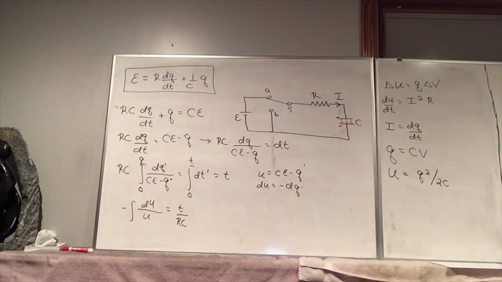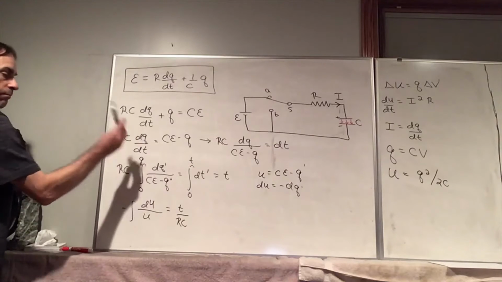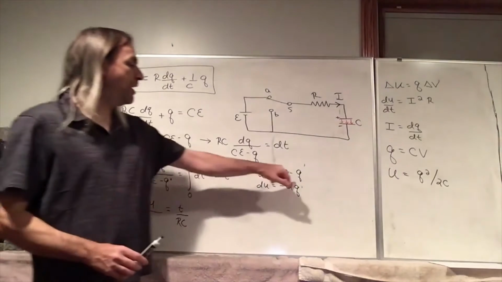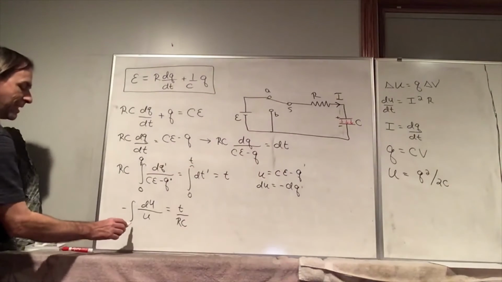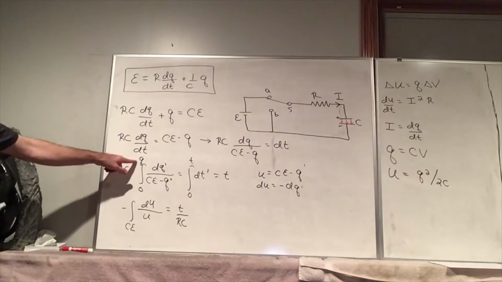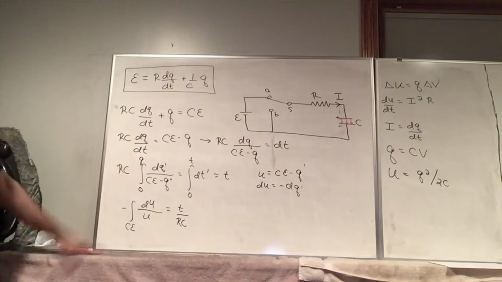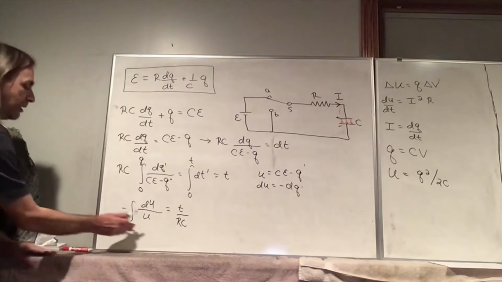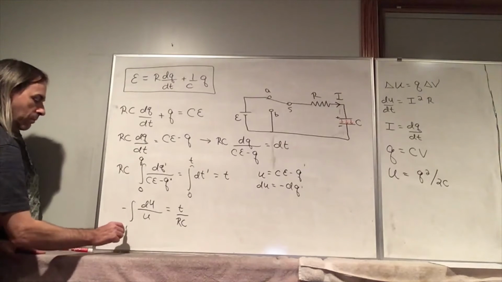Now, for the limits of integration, here we had q equals 0. So if q equals 0, u is going to be C epsilon. And then we just had q as some arbitrary value q. So here, let's call this u1 and u2.